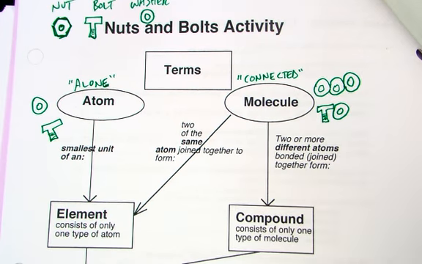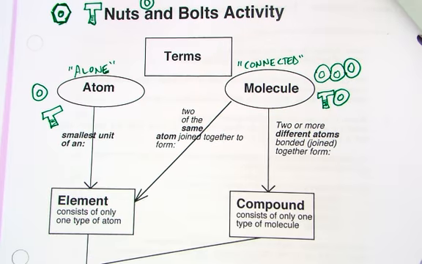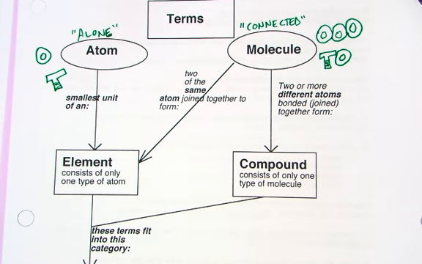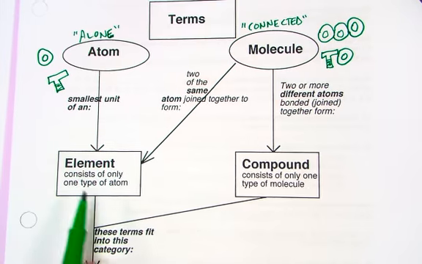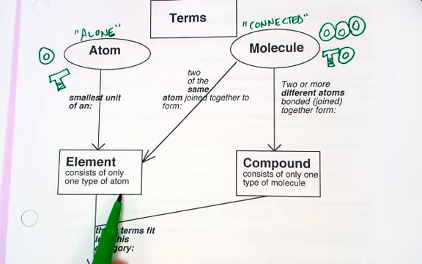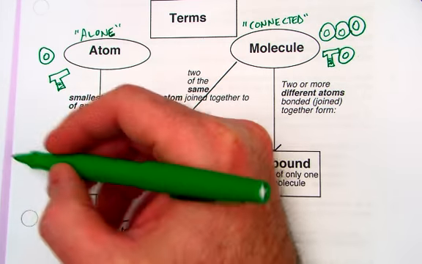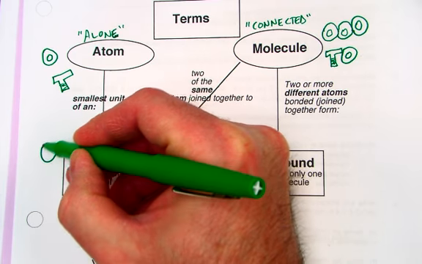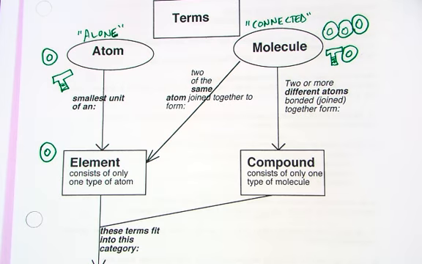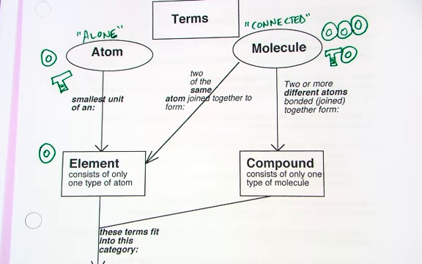Now moving down here, atoms are the smallest unit of an element. And an element consists of only one type of atom. So let's say we had a washer again, this would be considered an element, because it's only one type of thing.